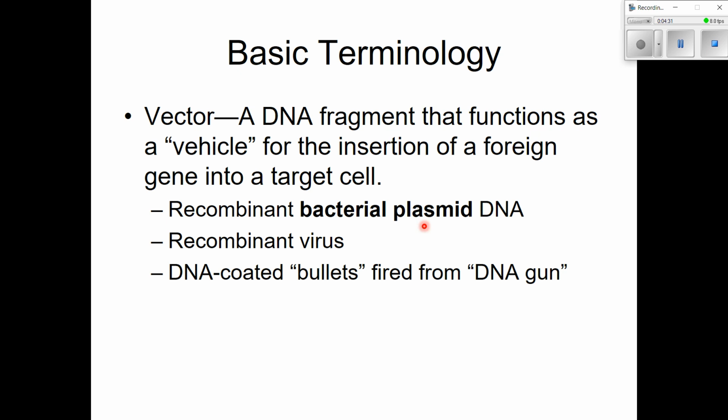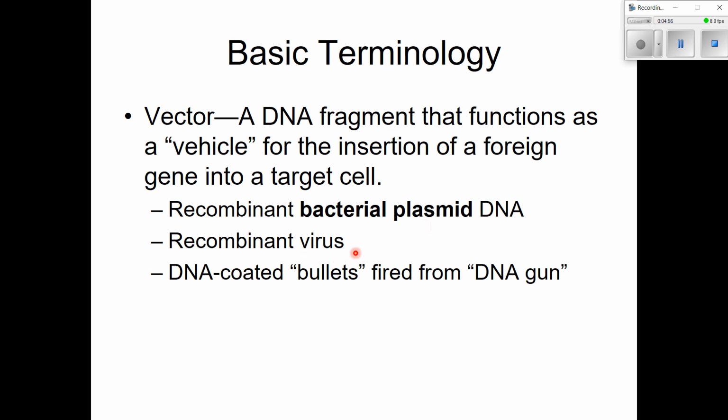A gene, an extra gene, a foreign gene is added to that bacterial DNA, and then the bacterial DNA, the plasmid, as it's called, is then reinserted back into a living bacterial cell. So we're using the plasmid as a vector, a vehicle for moving a gene into a cell.